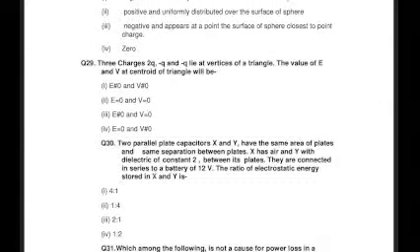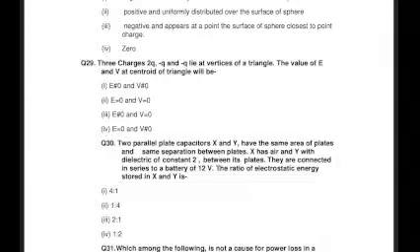Next, question number 30. Two parallel plate capacitors X and Y have the same area of plates and the same separation between the plates. X has air and Y has a dielectric of constant 2 between its plates. They are connected in series to a battery of 12 volt.